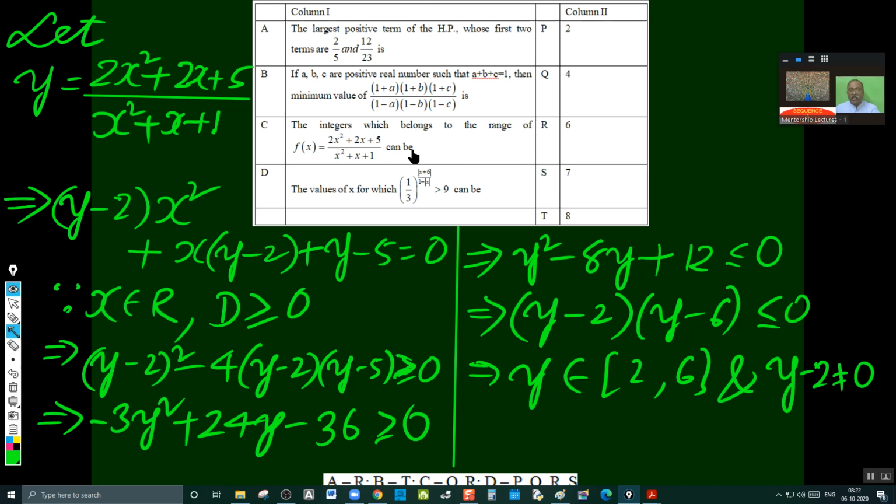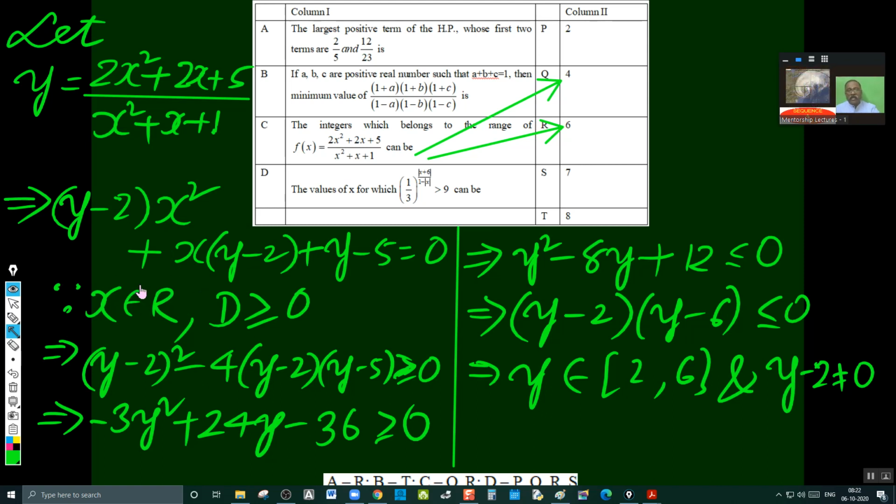This one can be 4. This one can be 6. And any more? That's it. Generally, you will be writing 2 also because you forget that the coefficient of x square is not equal to 0.